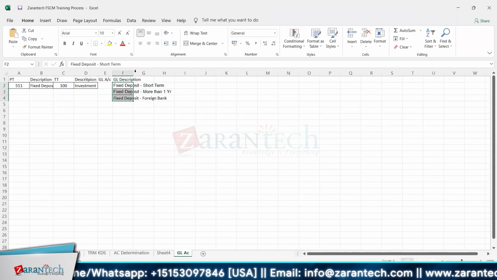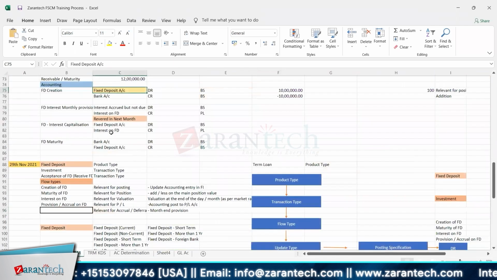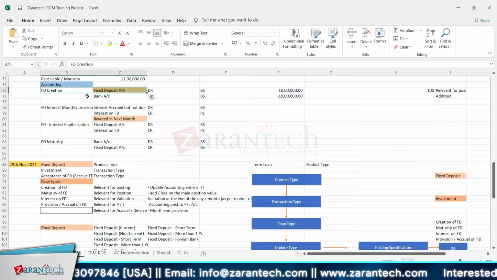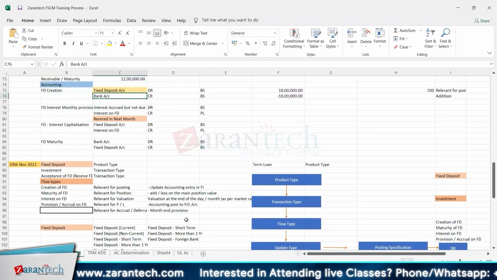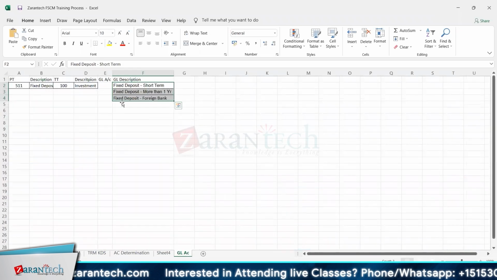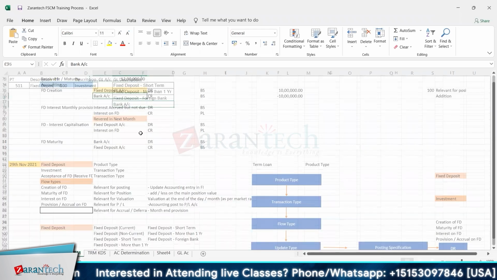Now, if you see my GL account, this is done. Then bank account. Normally we use the FI bank account. So I use the masking rule, but here I would say let's take this bank account also. So I would need bank account. Then what next?